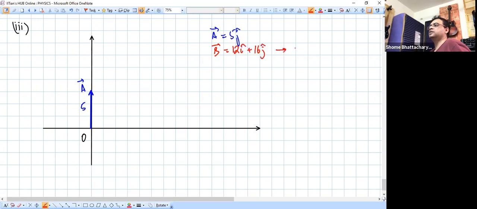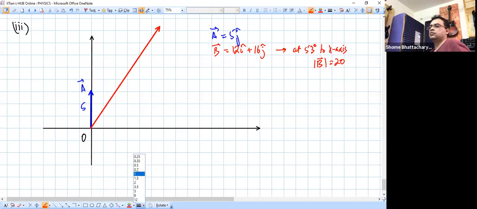So you can see that this is at 53 degrees to the x-axis. And the magnitude of the vector B is 20. So the vector B in this diagram will become something like this. You can see that this angle is 53 degrees and its magnitude is 20.